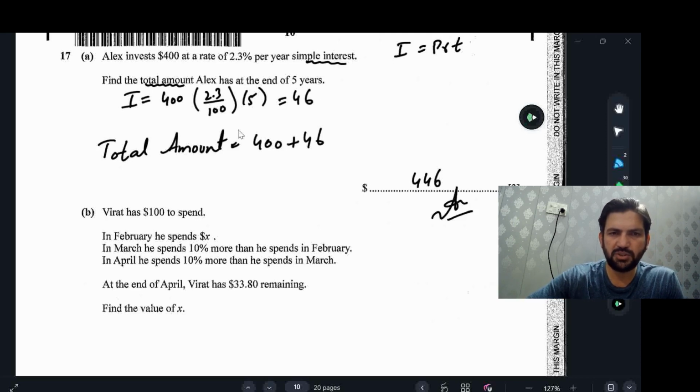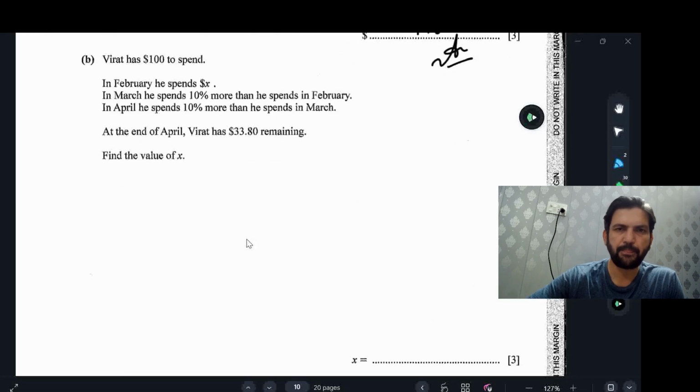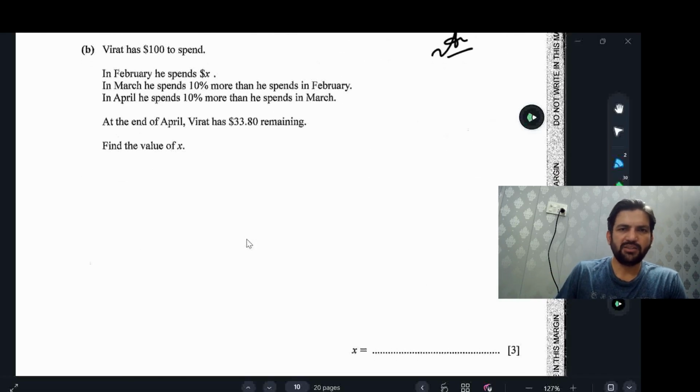Let's move to question number 17, part B. Virat has $100 to spend. In February he spends X dollars. In March he spends this. In February he spends more than he spends in March.